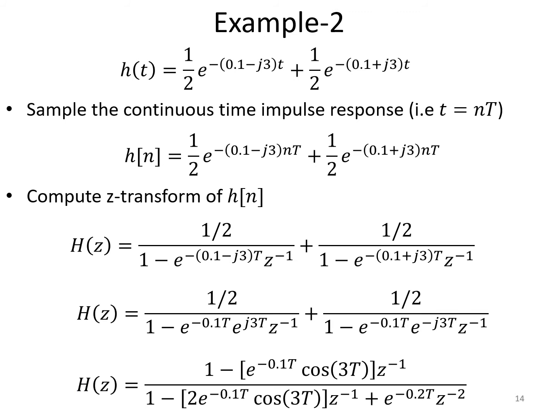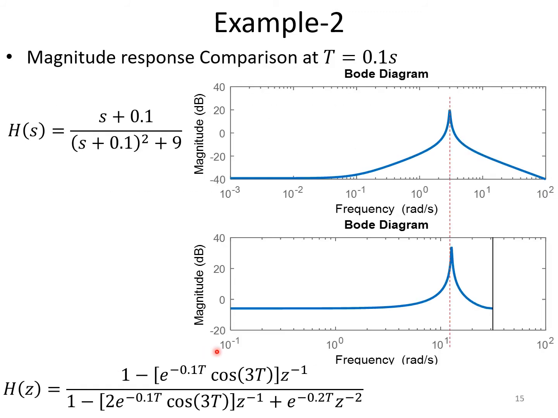Now we have to compare the magnitude responses in analog version versus the digital version. You can see here that the magnitude responses are quite similar. Here the resonant peak is quite higher than this one, and the bandwidth is narrow as compared to the analog one, but the center frequency, the resonant frequency, are almost same.